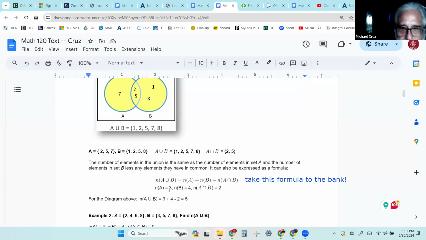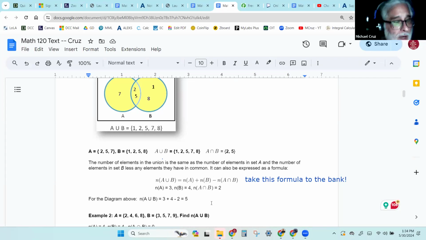So the number of elements in A is 3, the number of elements in B is 4, and the number of elements in the intersection is 2. So by this formula here, the number of elements in A is 3, plus the number of elements in B, which is 4, minus the number of elements in the intersection.